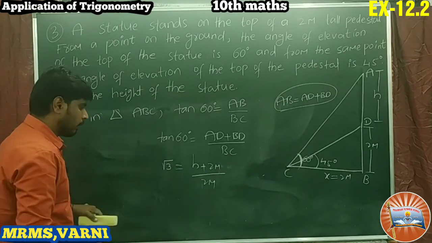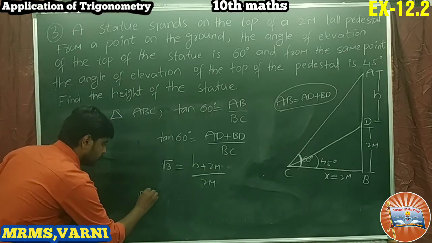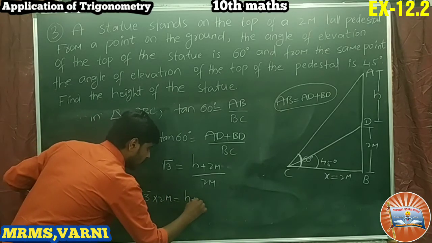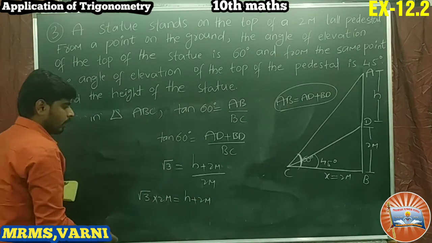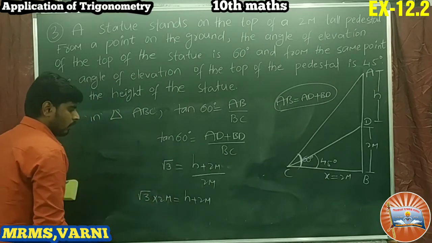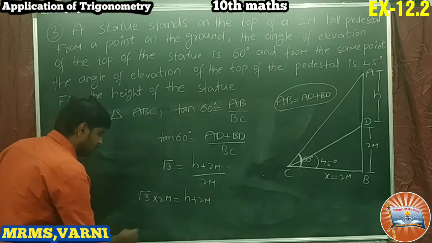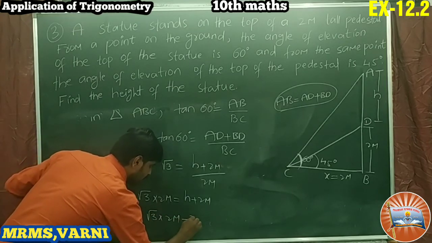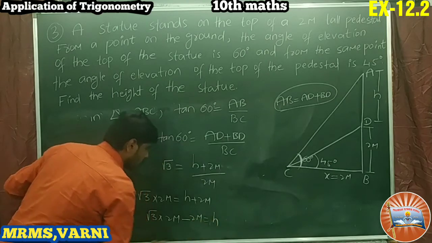Take the cross multiplication. Root 3 into 2 meters is equal to h plus 2 meters. Bring this 2 meters to the LHS side. Root 3 into 2 meters minus 2 meters is equal to h.